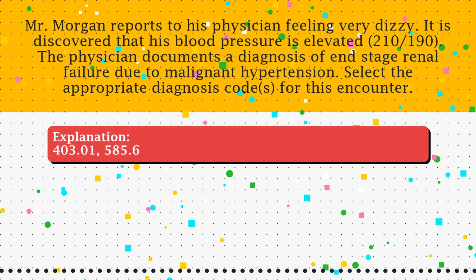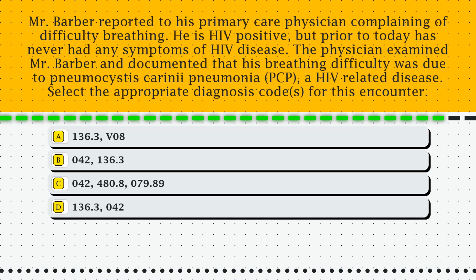Question 169. Mr. Barber reported to his primary care physician complaining of difficulty breathing. He is HIV positive, but prior to today has never had any symptoms of HIV disease. The physician examined Mr. Barber and documented that his breathing difficulty was due to pneumocystis carinii pneumonia, PCP, a HIV-related disease.